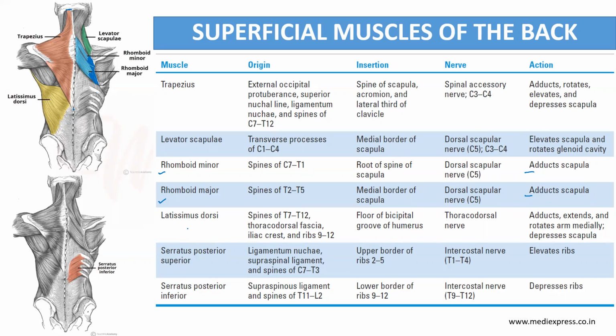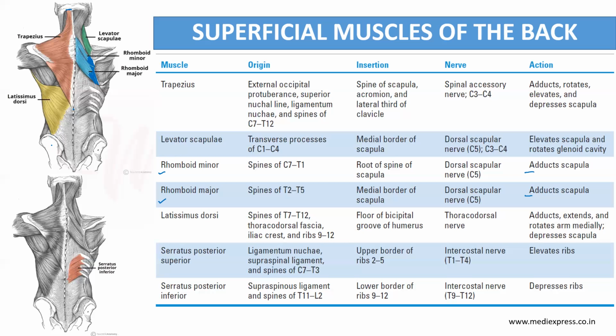Next one is latissimus dorsi. The origin is from the spines of T7 to T12, then thoracodorsal fascia, iliac crest, and the ribs 9 to 12. It gets inserted to the floor of the bicipital groove of the humerus.